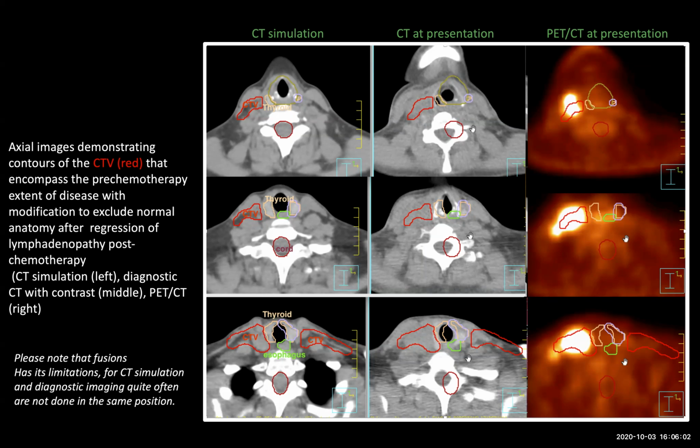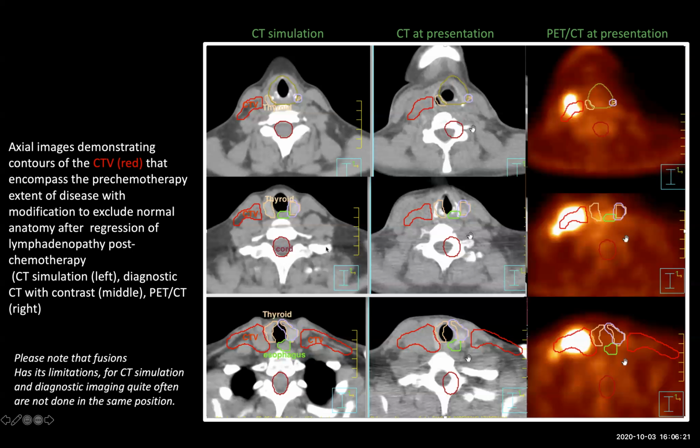Specifically in a female, we would like the simulation to be done arms down, not to lift the breast up into the mediastinal field. That will help avoid the breast further and move them away from the radiation field.